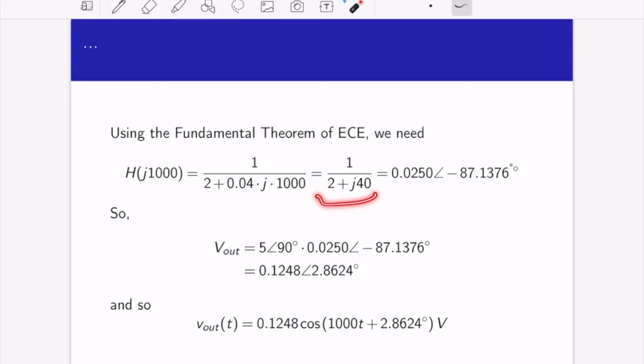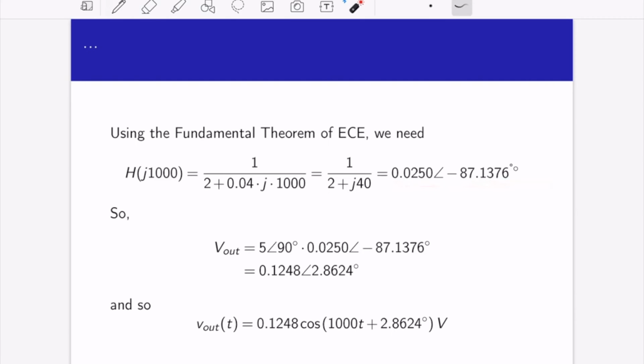You could do that with your calculator, of course, and then you end up with 0.025 at an angle of minus 87.1376 degrees. So that is the transfer function at omega equal to 1000 radians per second.